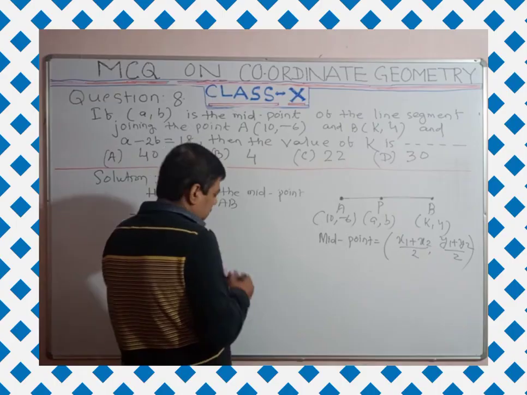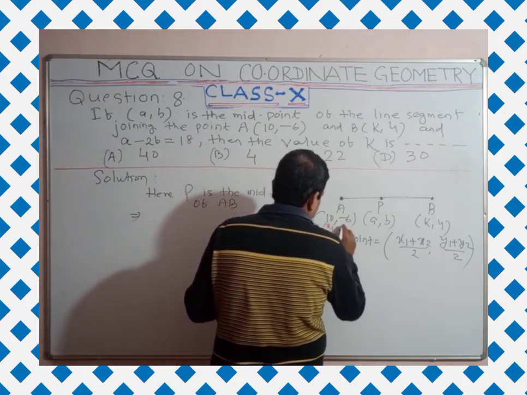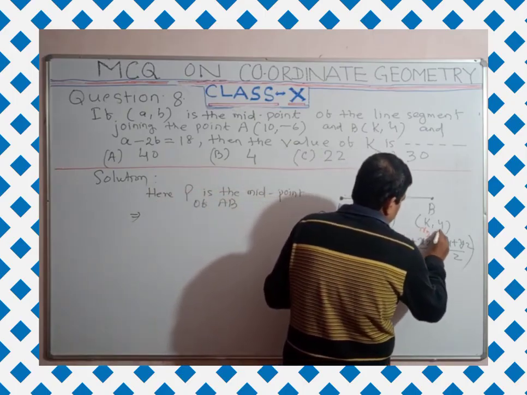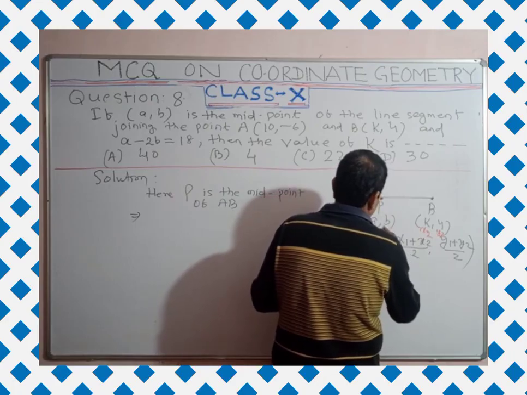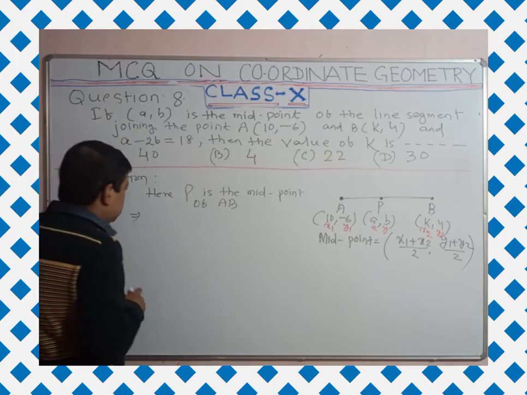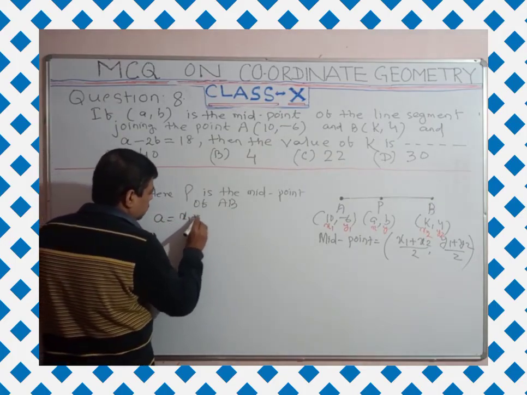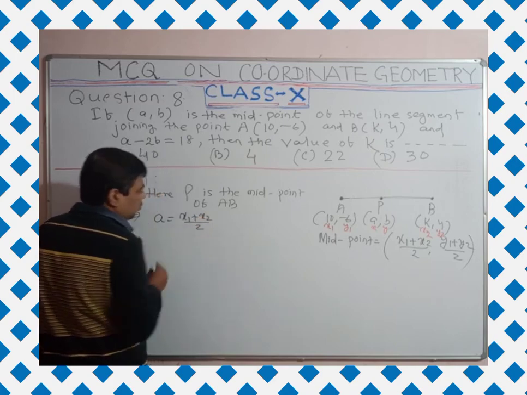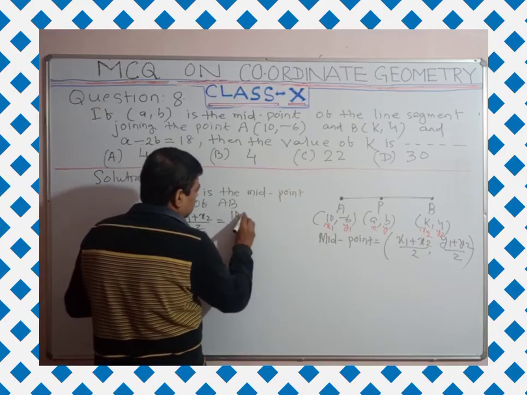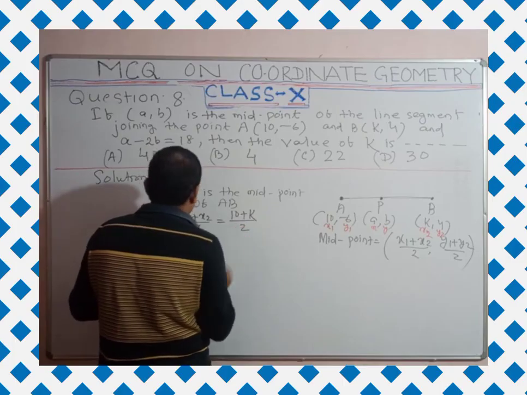Here, suppose this is x1 and this is y1, this is x2 and this is y2, and the midpoint is x, y. So the coordinate a is x1 plus x2 upon 2, and that is equal to the x1 value given, 10, plus the x2 value given, k, by 2.